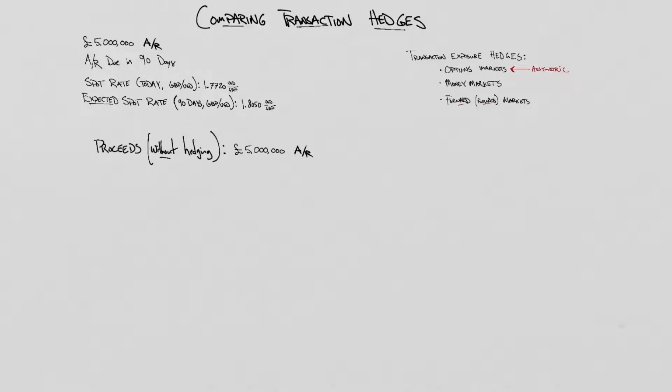So if this is the spot rate today, let's take a look. The spot rate today is US dollars per British pound, 1.7720 USD per British pound.